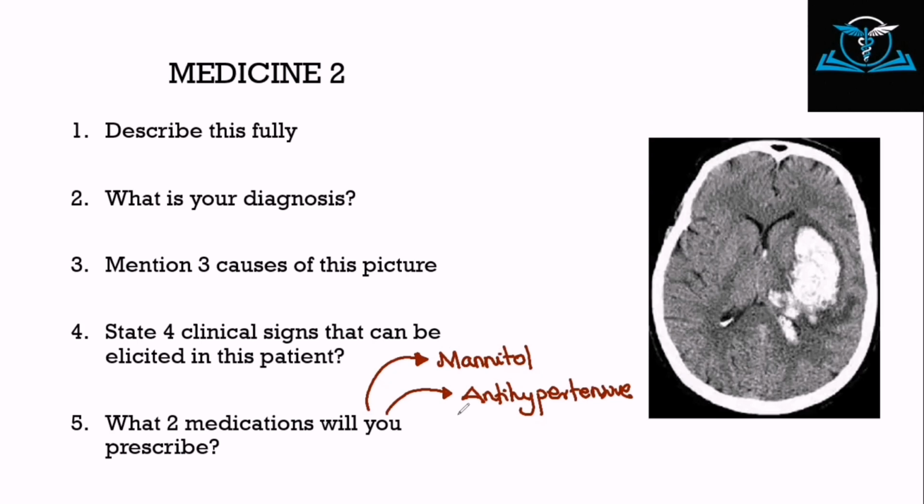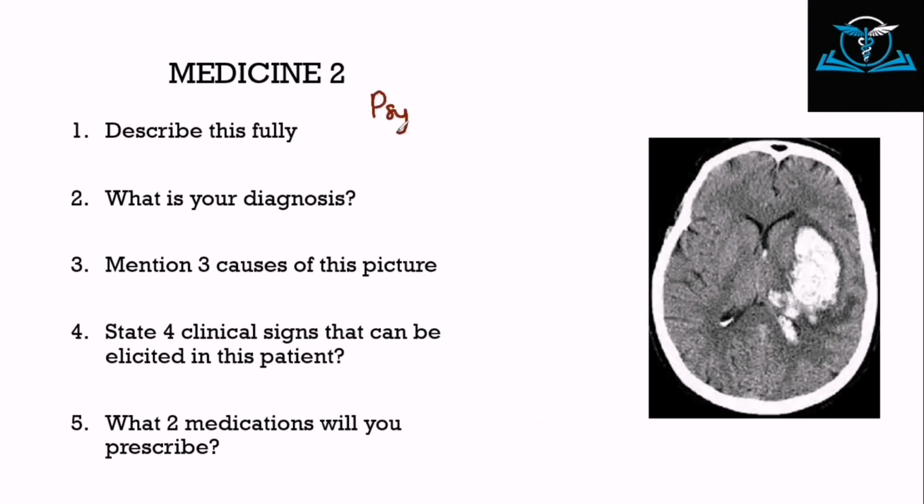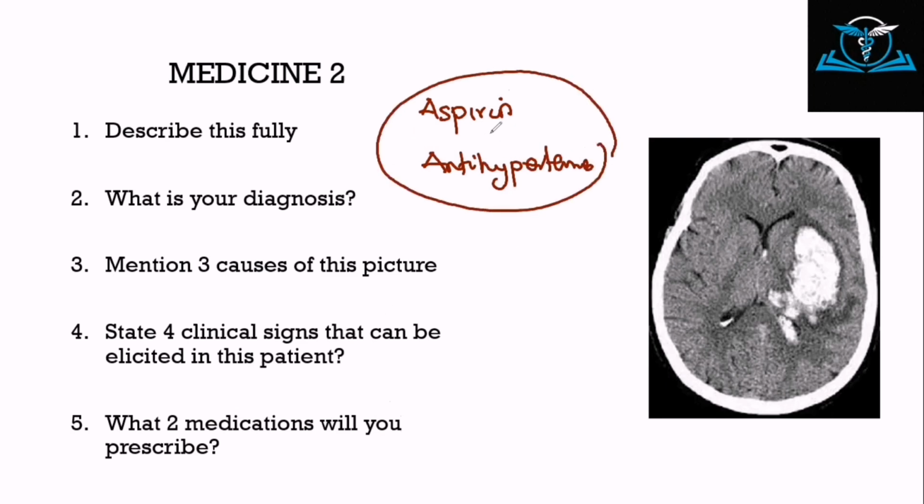Take note of another marking philosophy: if your answer is harmful to the patient, if your answer is likely to kill the patient, you score 0 for that question, no matter how correct the others are. For example, if a candidate wrote aspirin, you will score 0 for the entire question because aspirin is dangerous to the patient.